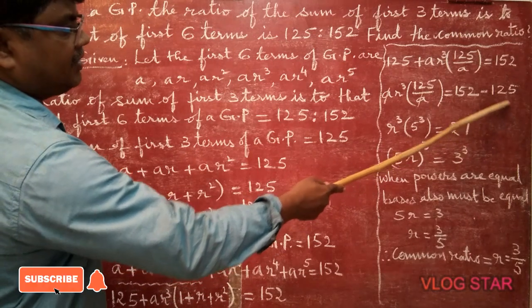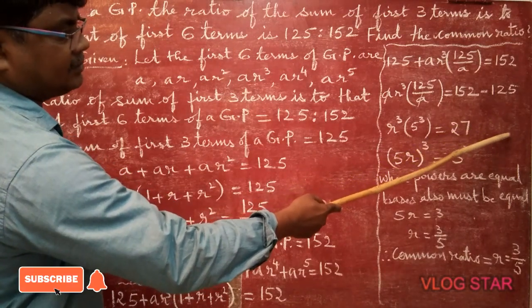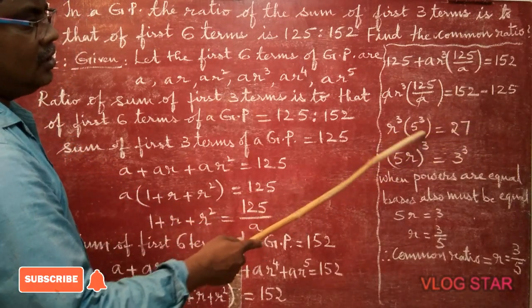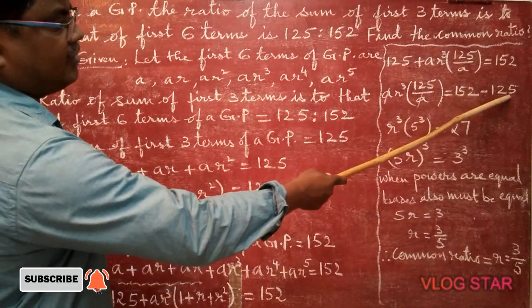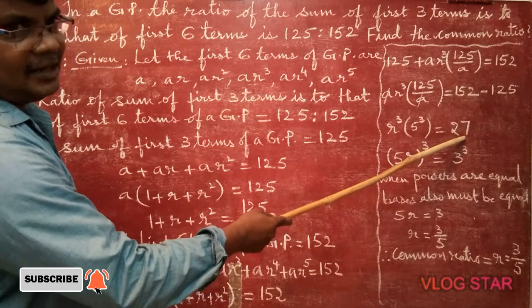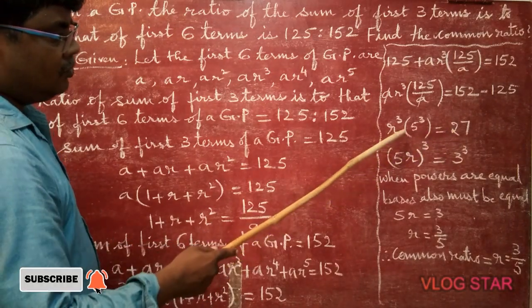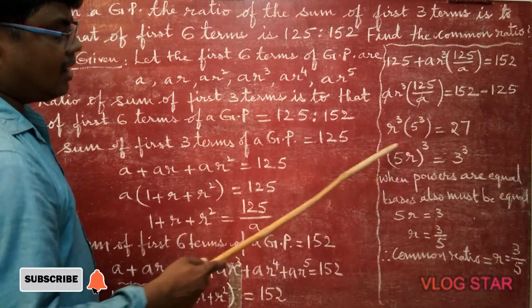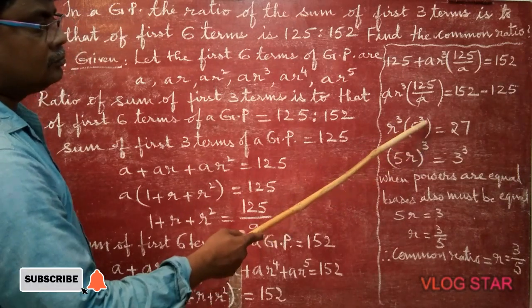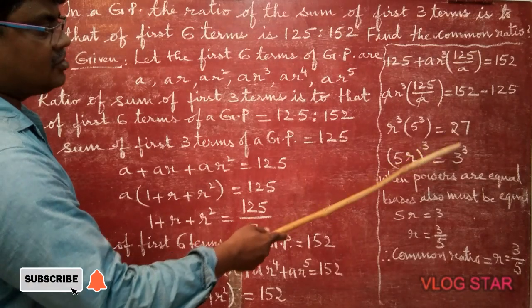Divide 125: 5 goes 25 times, again 5 goes 5 times, so 5 cube. It is equal to 152 minus 125, which gives 27. Now the powers are the same, so I write 5R whole cube is equal to 27, which is also 3 cube.